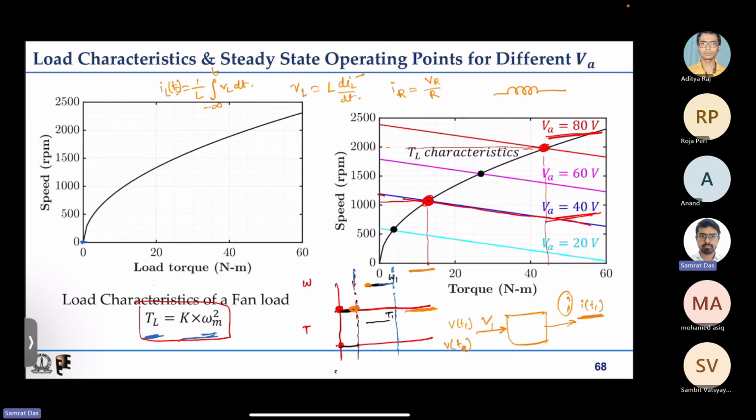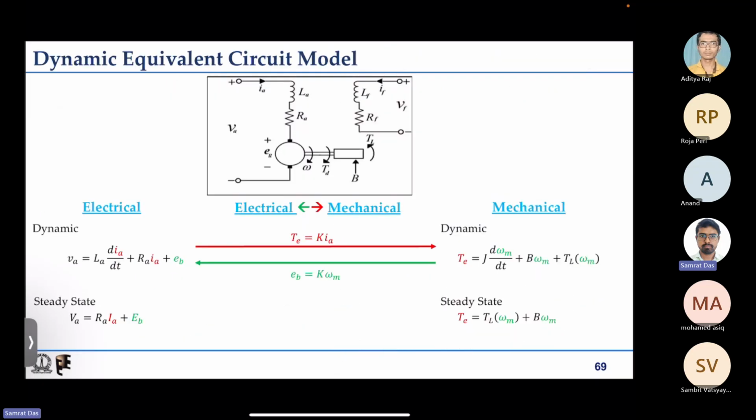So we have to identify the dynamic elements present in a DC motor. That is why the field understanding will be handy when we try to do that. If we have some armature winding, then certainly we have some inductance of that winding, and there will be an induced EMF.